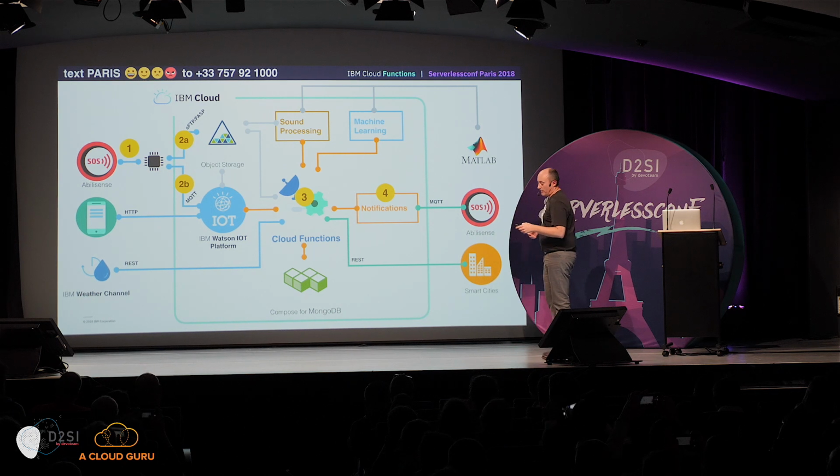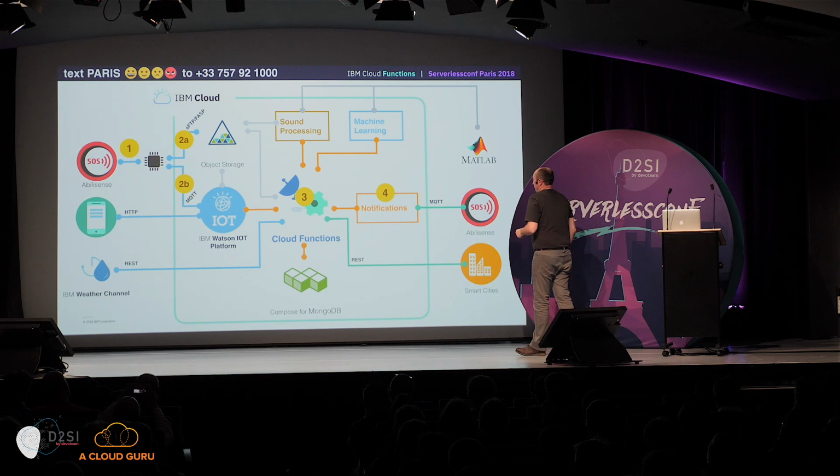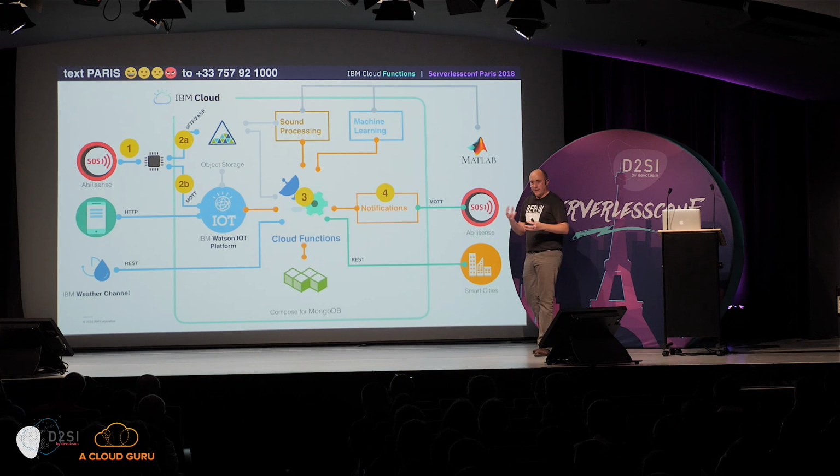And then they have some processing with machine learning as part of Cloud Functions that will look at the sounds, figure out what this is about, and then trigger notifications. So it might be calling an emergency service, maybe just sending you a text. They also have some integration with the weather channel. So they try to really correlate different sources of events to figure out what's really happening.